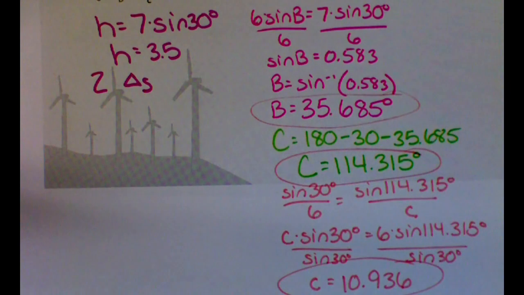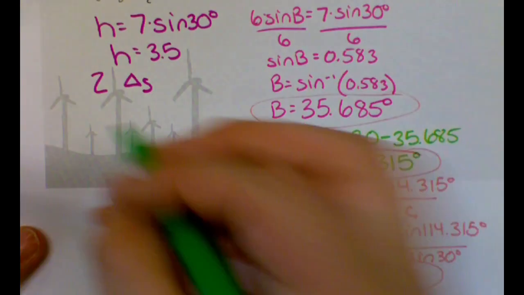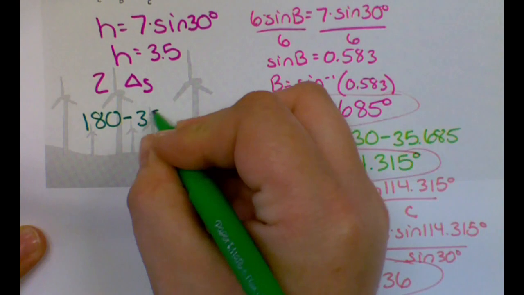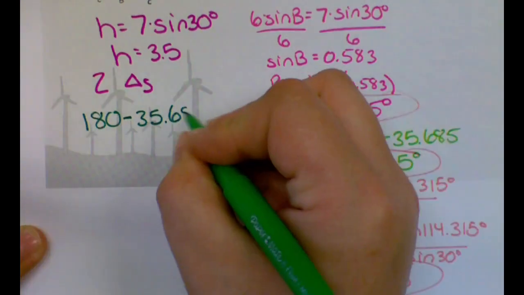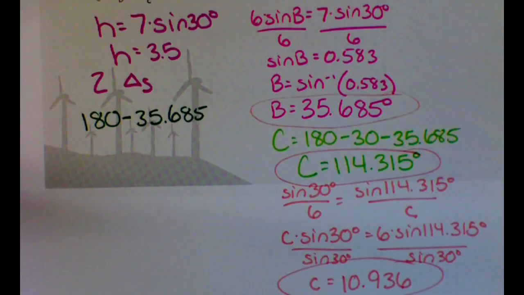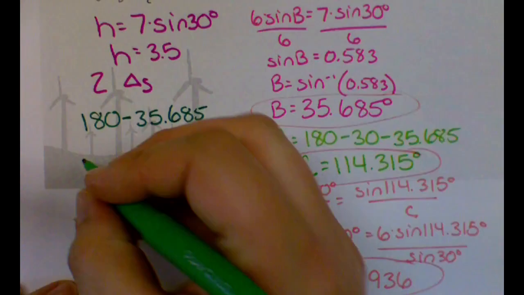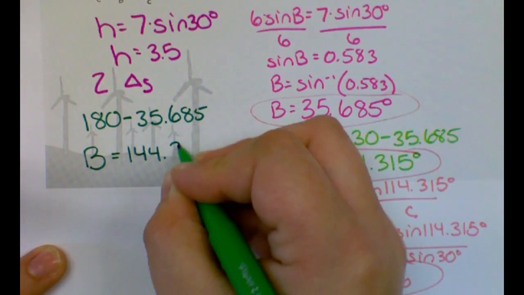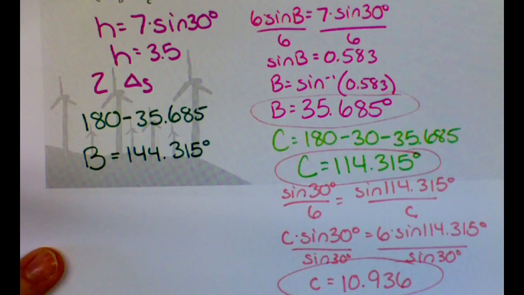To find the other, we take this first angle we found. You do 180 minus that number. That means that this angle B would be 144.315 degrees.